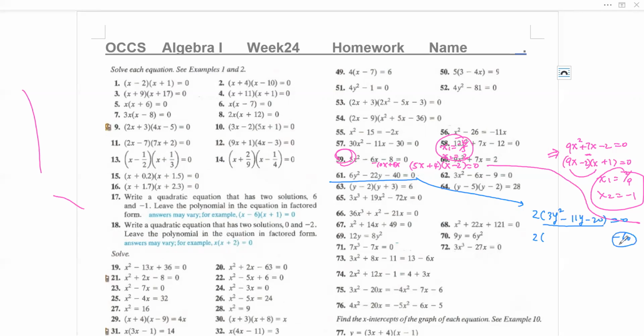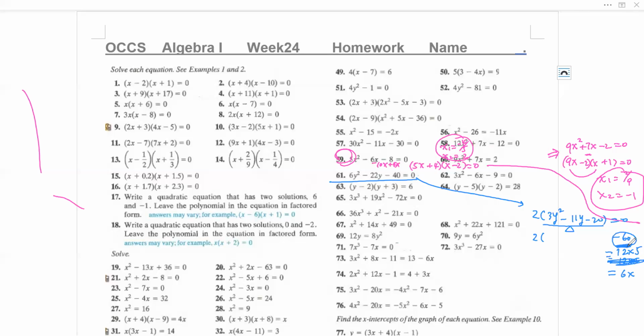Negative 60. How did you get 11? So it's 12 times 5. Oh no, let's do it this way. How do you factor this one? Get the difference between the two as 11. You got 12 times 5. That's not correct, right? What do you guys get?